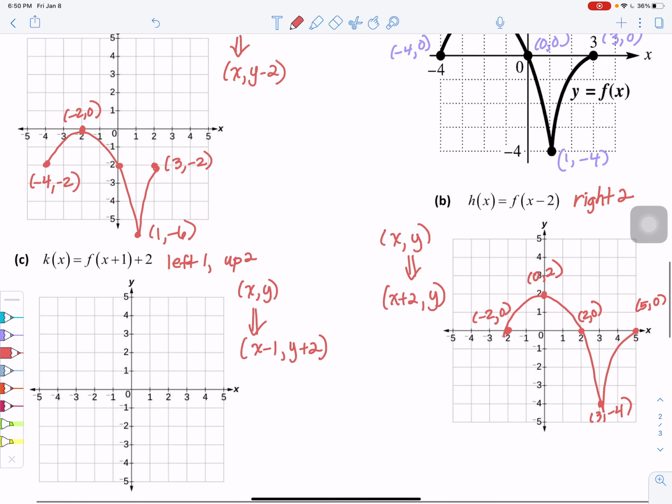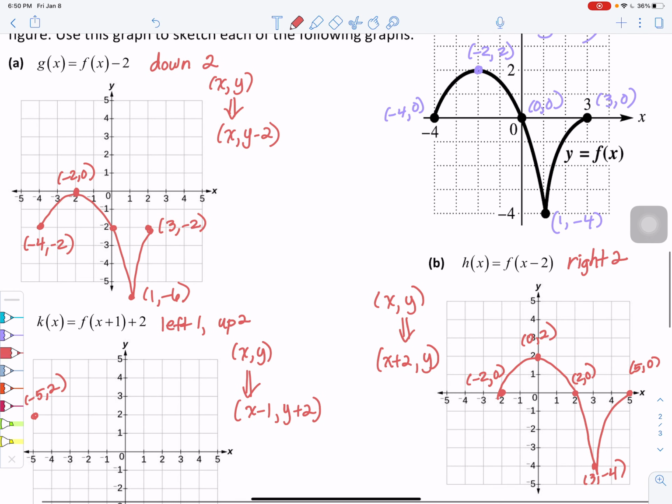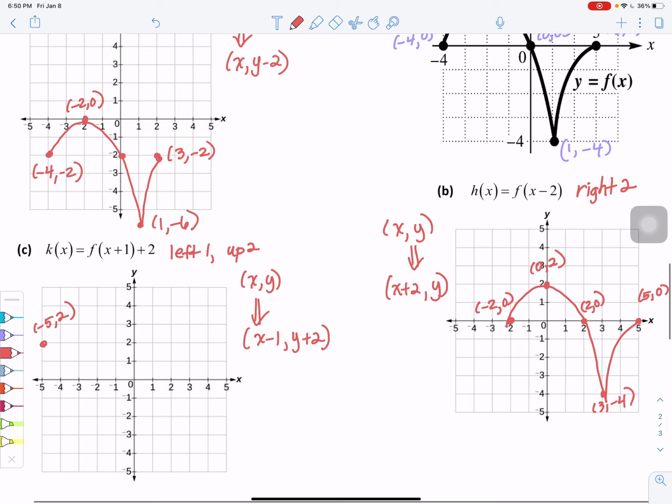Okay, so negative 4, 0 is now negative 5, 2. And the point negative 2, 2 is going to be negative 3, 4. And 0, 0 is negative 1, 2.